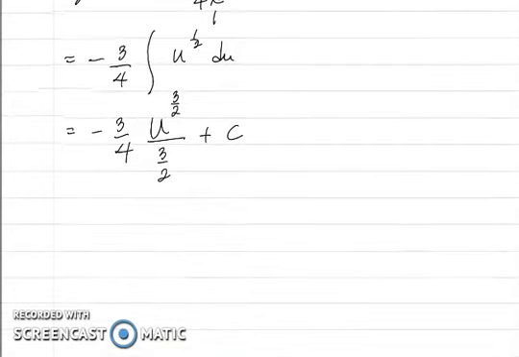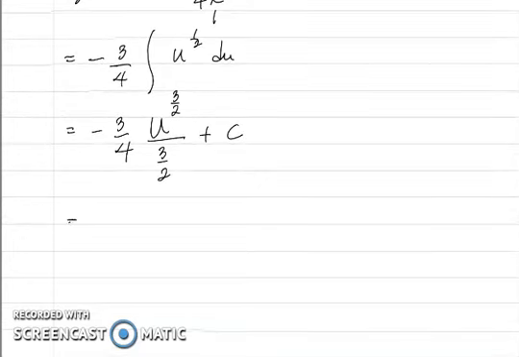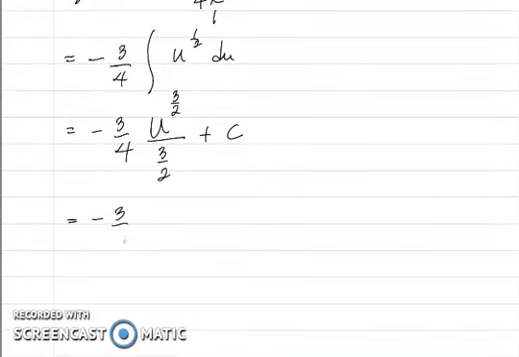So this now becomes minus 3 over 4 multiplied by 2 over 3 u to the 3 over 2 plus c. Dividing by 3 over 2 is the same as multiplying by 2 over 3.